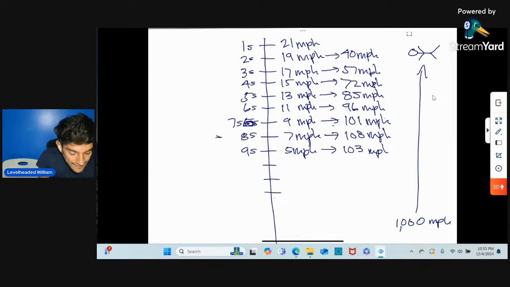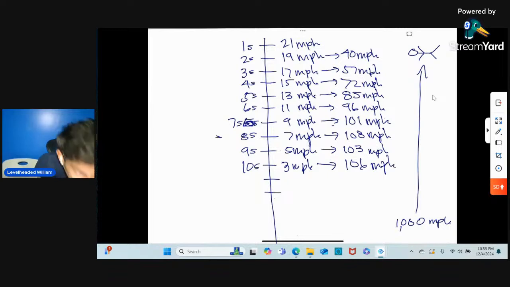Again, this is the difference in speed that the air is pushing up on the free-falling object at this increased speed, because that's the difference in speed between the loss of momentum and the air pushing up. Again, it's increasing per second. So again, at 10 seconds it's down to 3 miles per hour. So we add that to the now it's at 106 miles per hour, because again, the deceleration rate is decreasing every second until it reaches 0 again.